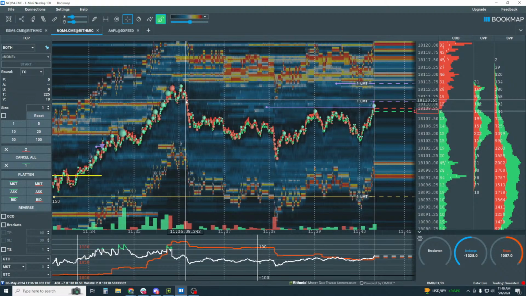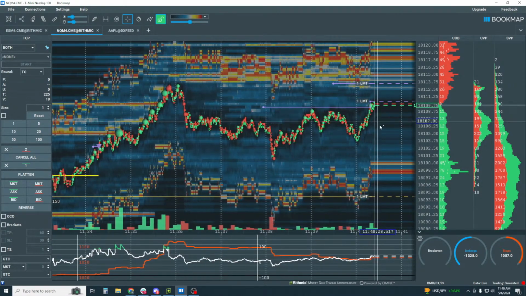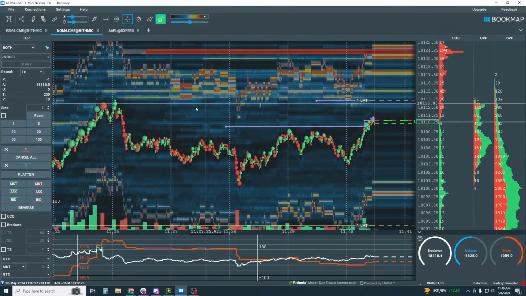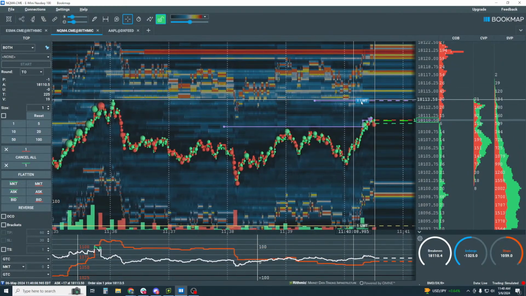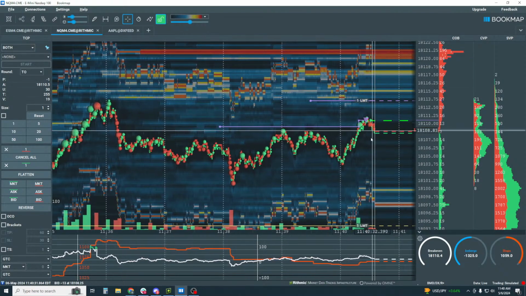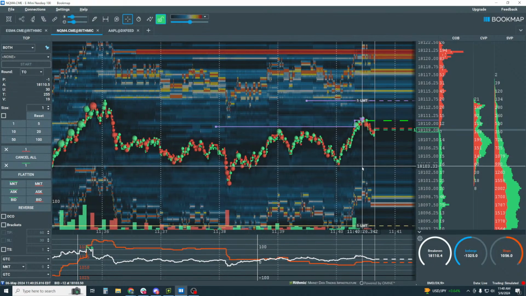I'm going to move it up a little bit more up to here, kind of where we dropped from. All right, so we're in. Now we're looking for a rejection, and we have another one up here at the top of the range. We're looking for rejection, and we're looking for where? Maybe down to this swing.